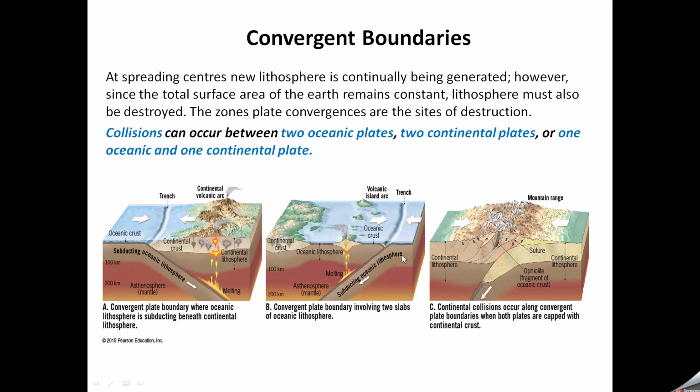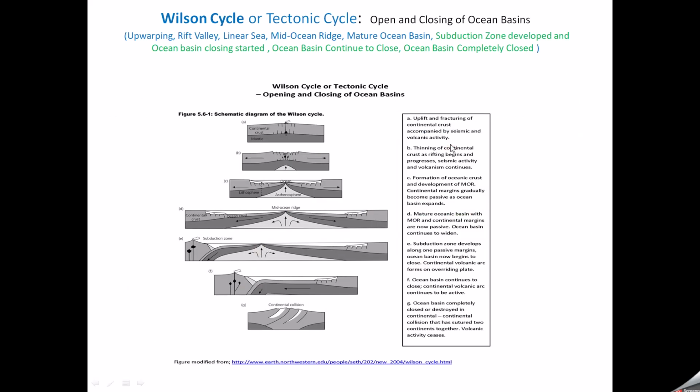Or sometimes between two oceanic crusts, which will create volcanic island arcs, so islands inside the ocean. And if two continental crusts collide, that will create mountain ranges. And this is the whole cycle. We call it the Wilson cycle or tectonic cycle. It talks about the opening and closing of the ocean.